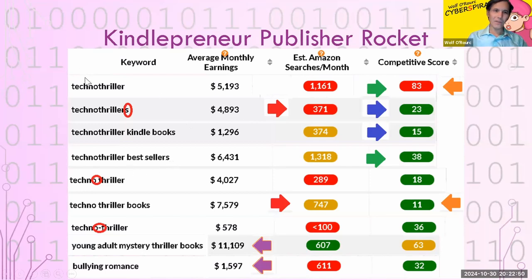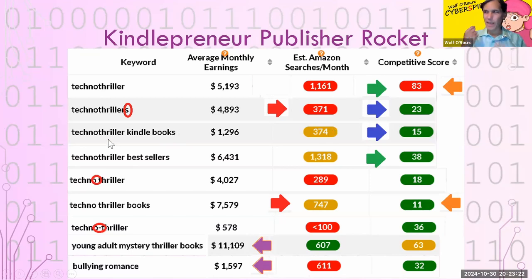It also makes a difference if you write techno thriller, which is what most people use, versus techno thriller with a space, or techno dash thriller. You see, techno dash thriller is used so little that you shouldn't even bother. If you're going to use a term, use techno thriller and then stuff the other things on there. Because you notice, if you go for the long tail keyword, the search performance becomes much better.